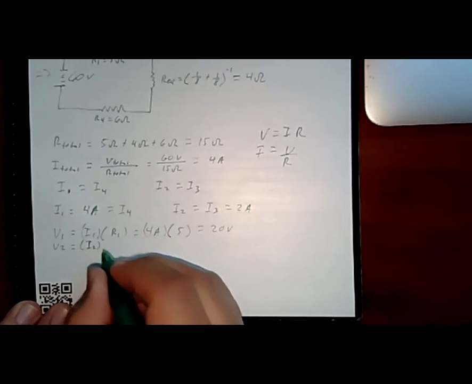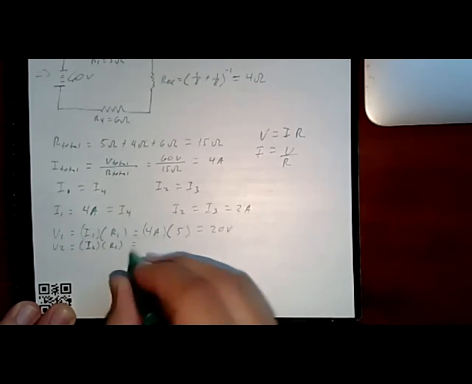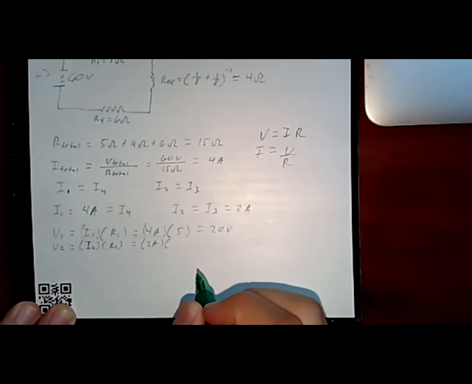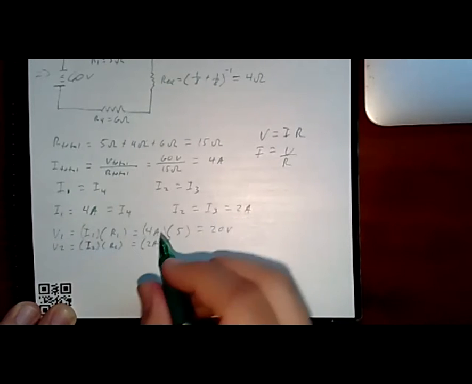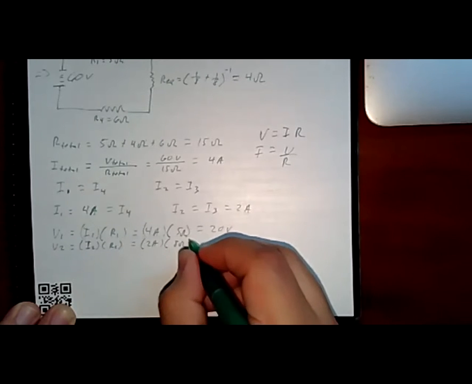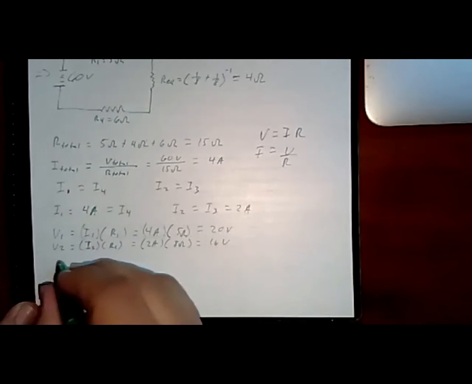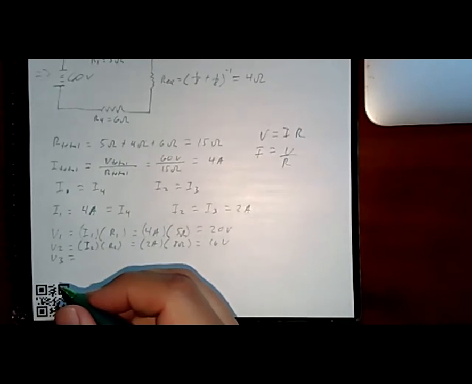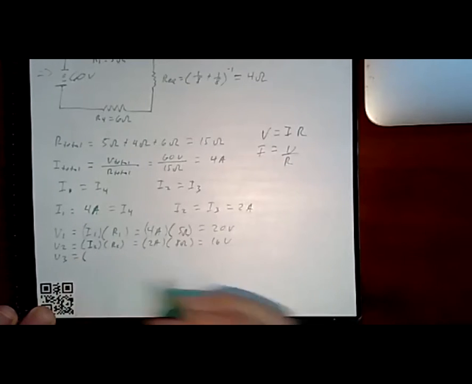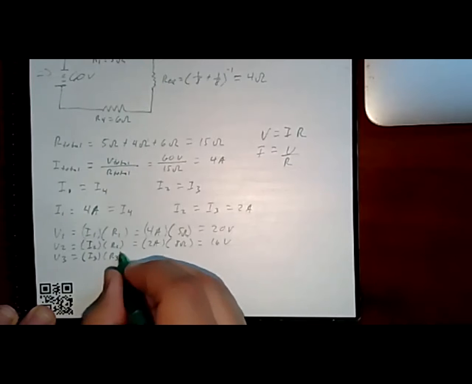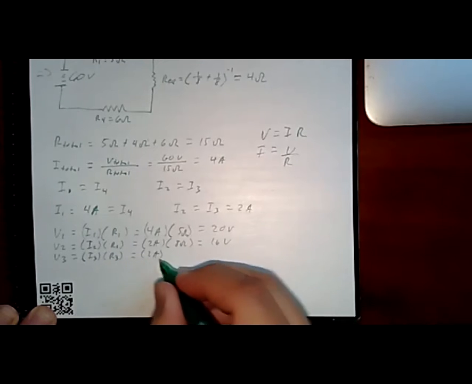I2 times R2 is equal to 2 amps times our resistance 2, which was 8, right? So you got the 16, right? Okay, V3 should be the same deal. I3 times R3, which is equal to 2 amps times 8 ohms.